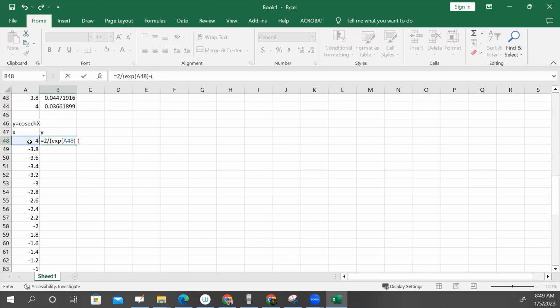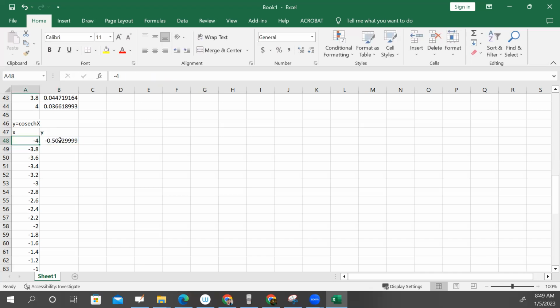So e to the power x minus e to the power minus x, and you have to close the extra bracket. The normal sinh x was e to the x minus e to the power minus x divided by 2. So cosech should be the reciprocal, 2 over e to the x minus e to the power minus x. Actually, I didn't give the exponential here, sorry, wait.